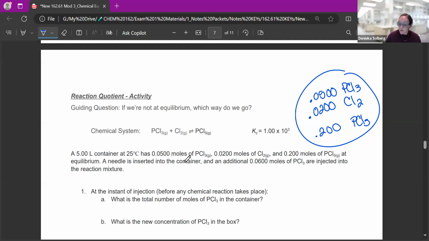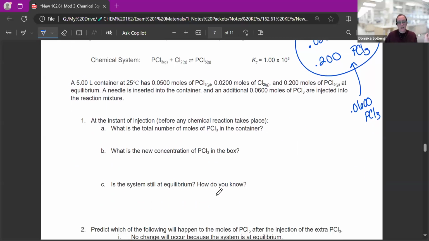Okay, so a needle is inserted into the container, and an additional 0.0600 moles of PCl3 are injected. So if this was at equilibrium, now when I add some more, what's going to happen? I'm going to walk you through that. At the instant of injection, before it goes back to equilibrium, how many moles of PCl3 are in the container?